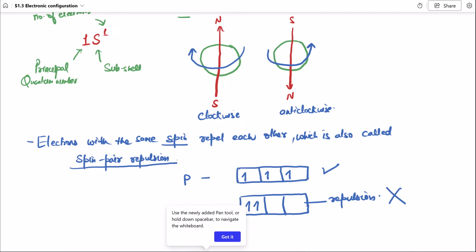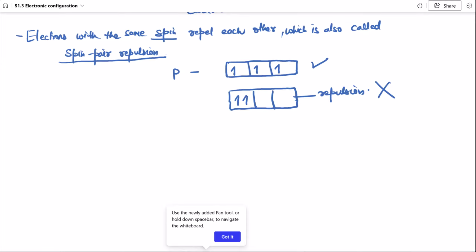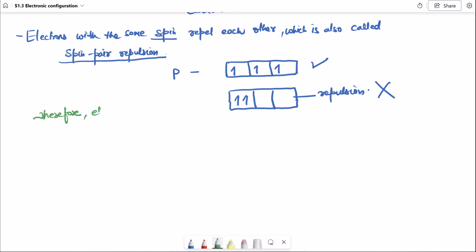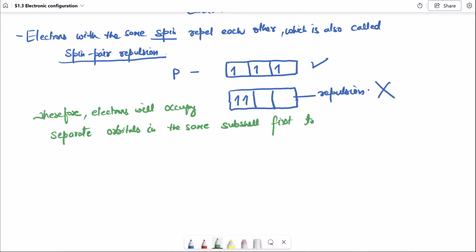So I can say that therefore electrons will occupy separate orbitals in the same subshell first to minimize this repulsion.